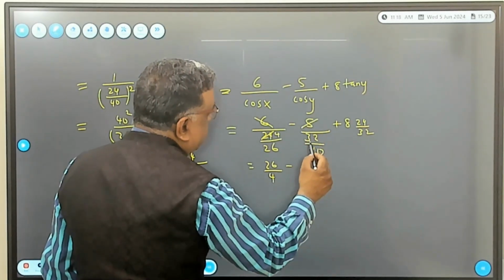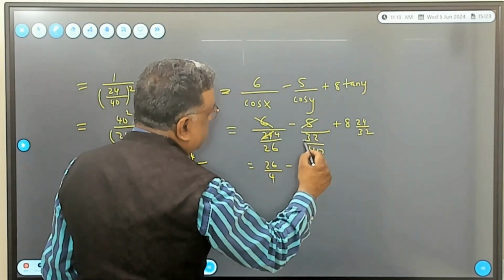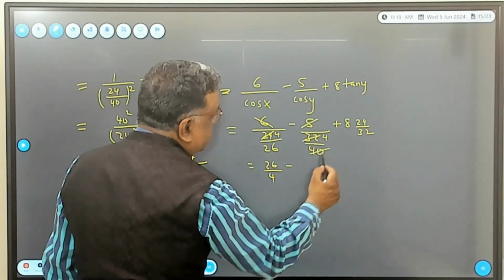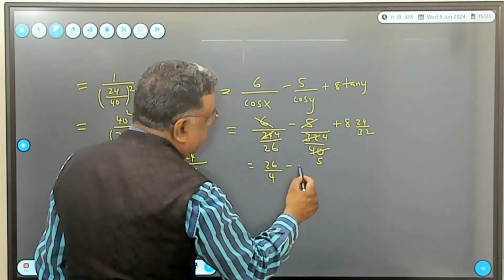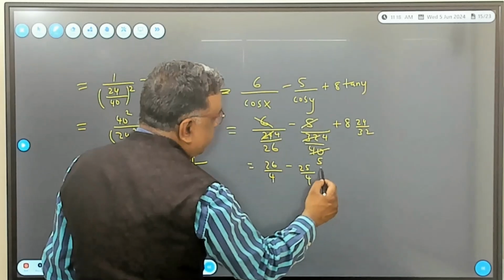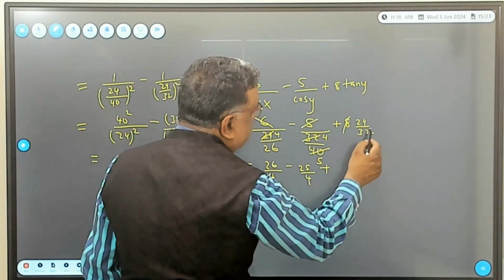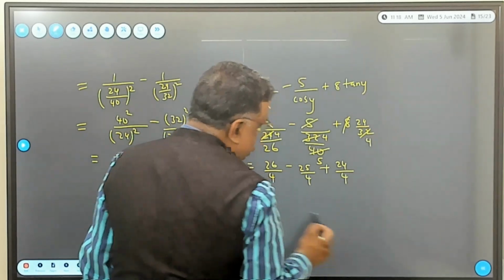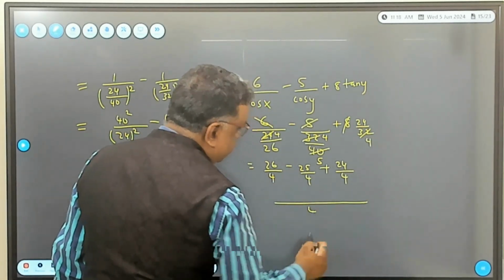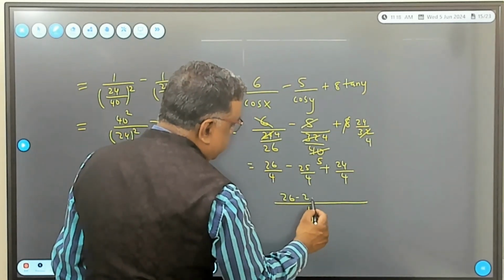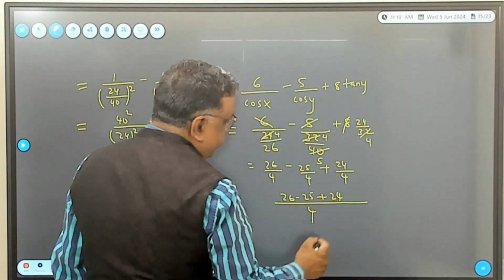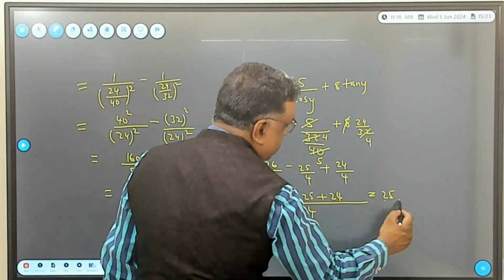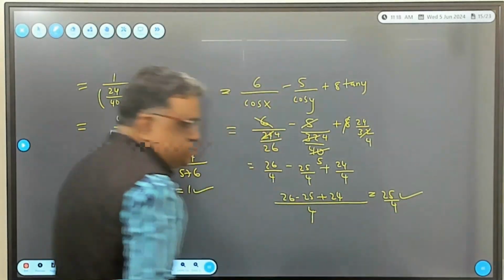Now I will cut 32 with 4 and this 5, and 5 can go up, which will become 25 upon 4. 8 I can cut with this 4, so this will become 24 upon 4. So I can put 4 as common: 26 minus 25 plus 24. So that is 25 upon 4, the answer. Understood?